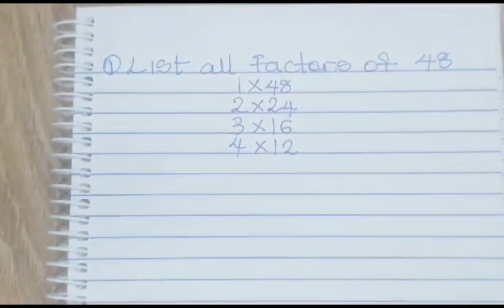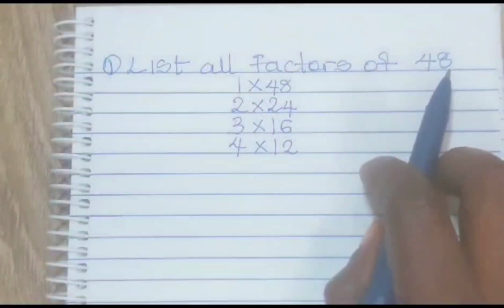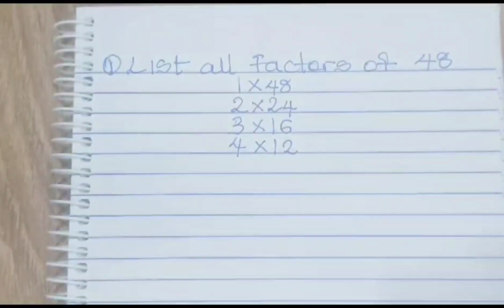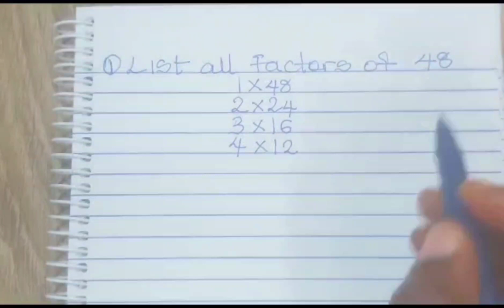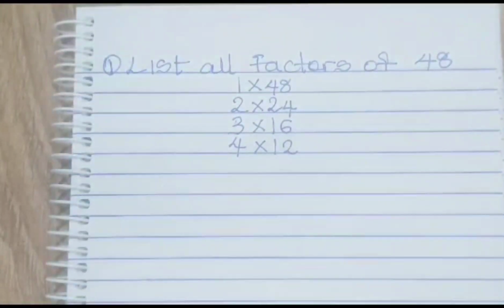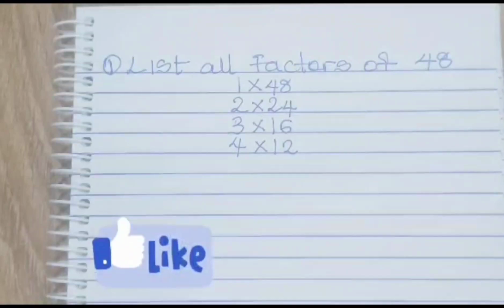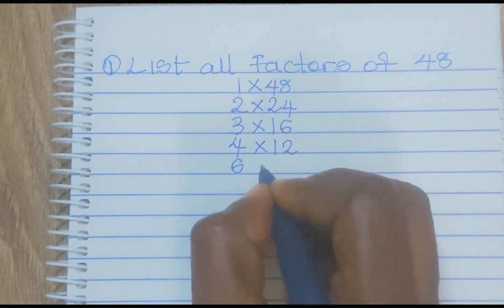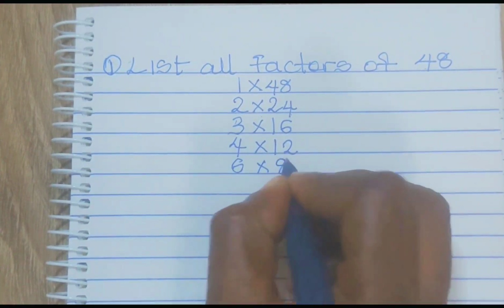No, it can't, because the divisibility rule for 5 says it must end with 0 or 5. 48 does not fit into that, so 5 can't go, so I'll try 6. Can 6 go in 48? Yes, it can. 8 times. So I go 6 times 8.